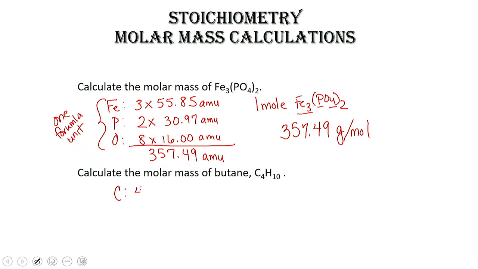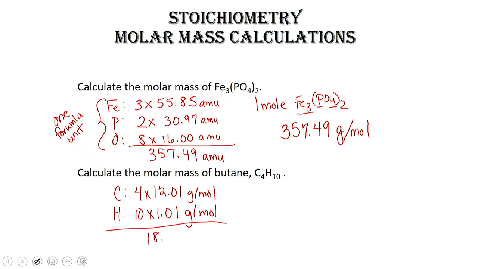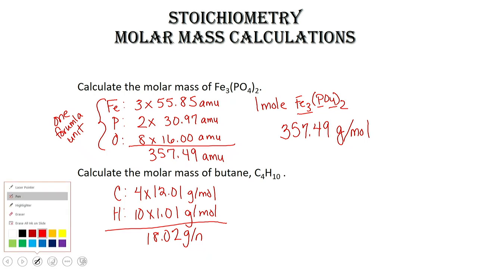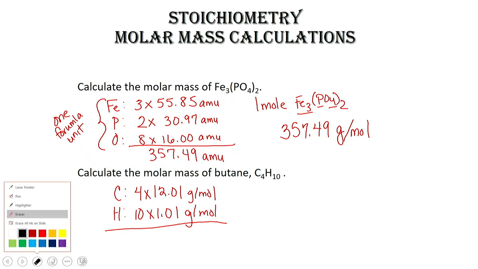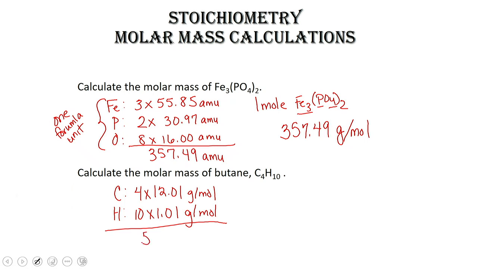I've got carbon, I've got 4 of those, and on the periodic table, it's 12.01, and for hydrogen, I've got 10 of those, 1.01 grams per mole, and we have 58.14 grams per mole.